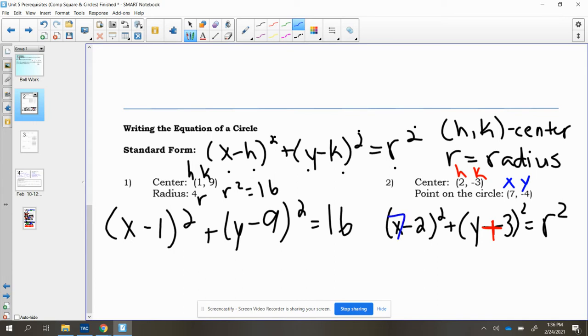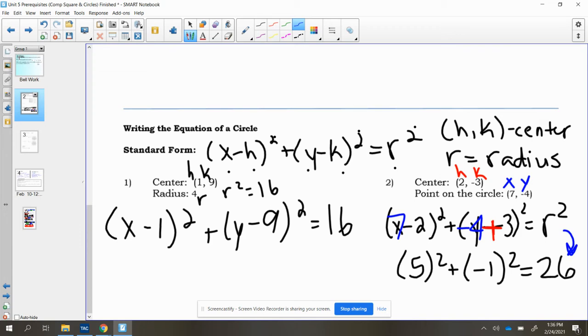So if we plug in 7 and negative 4 for x and y and simplify, that's going to be our r squared value. So when we do this, we end up with 7 minus 2 squared, which is 5 squared, and then negative 4 plus 3 squared, which is negative 1 squared. So 25 plus 1 is 26. So that's our r squared value.